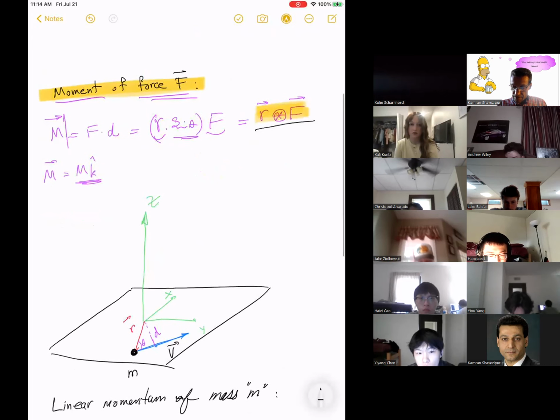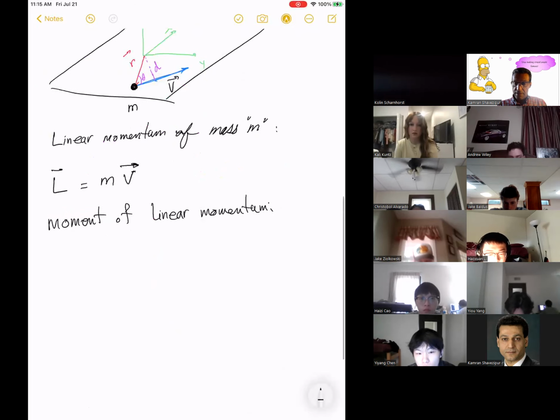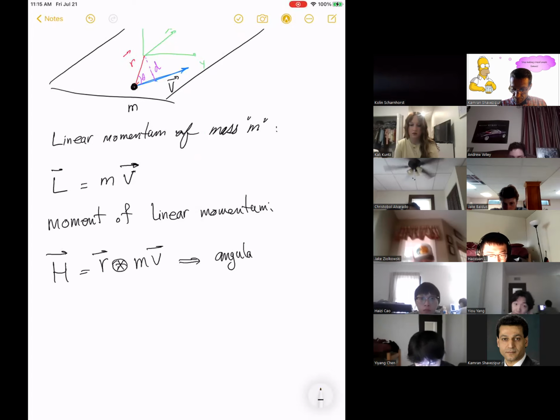Instead of F, I'm going to put linear momentum, right? So we call it H, and it's going to be r cross mv. We call this angular momentum.